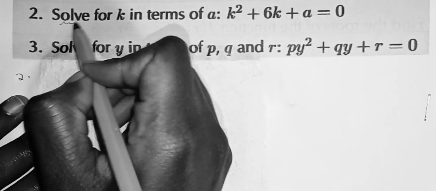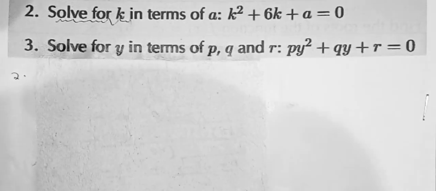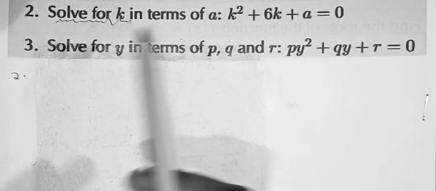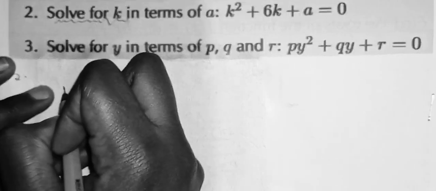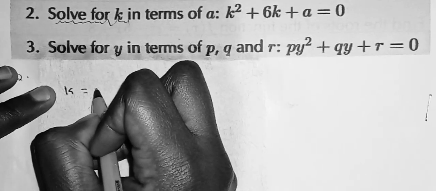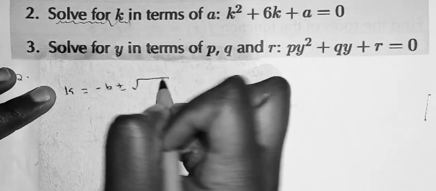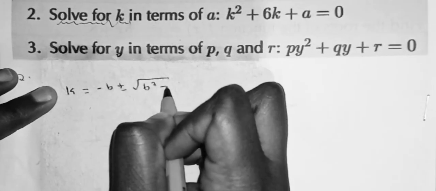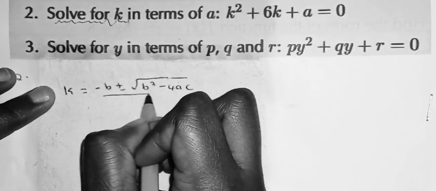Because here we are solving for k, not x, so that we can actually use this k in terms of a. So I'm going to say k is equal to negative b plus or minus the square root of b squared minus 4ac, all over 2a.